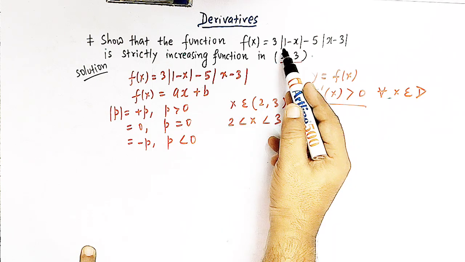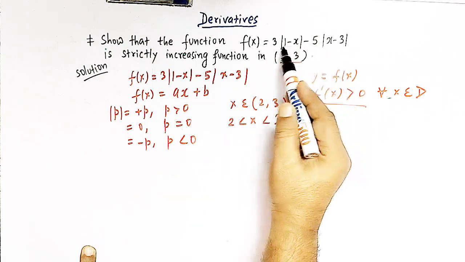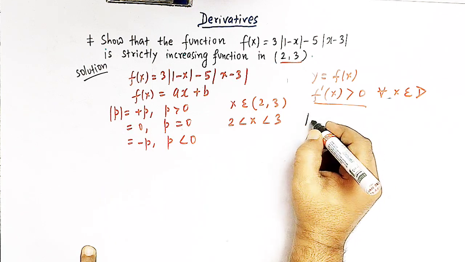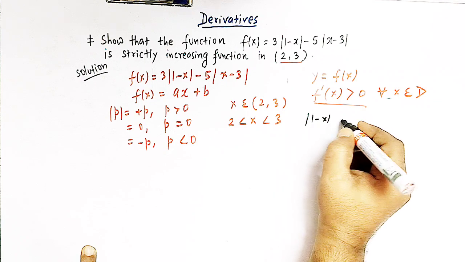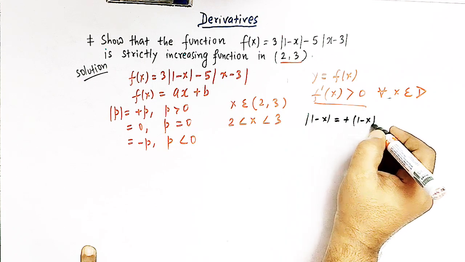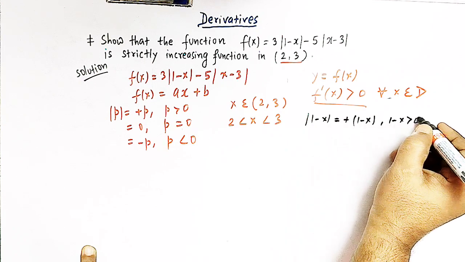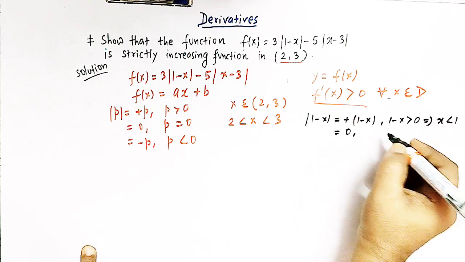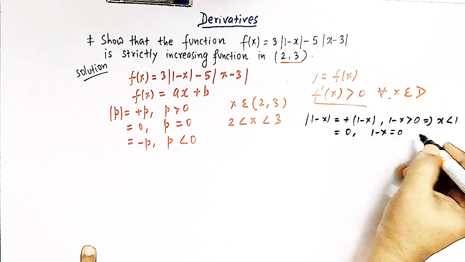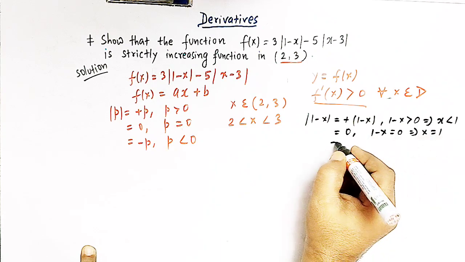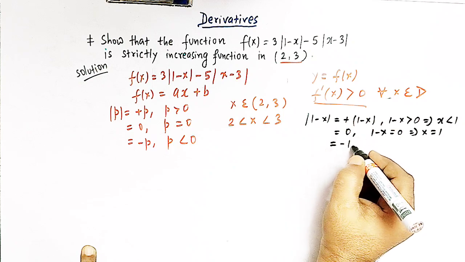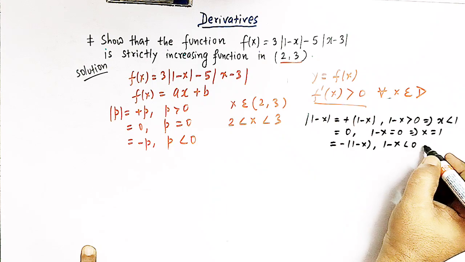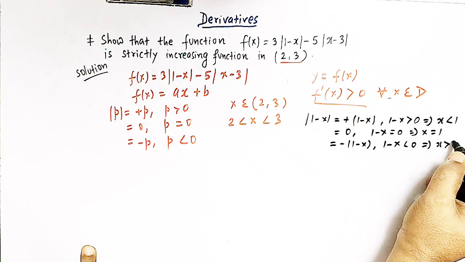Now let us first express these mod functions using this definition. We have mod of 1 minus x equal to positive 1 minus x whenever 1 minus x is greater than 0, or x is less than 1. This is 0 when 1 minus x is equal to 0, that is x is equal to 1. And mod of 1 minus x is negative of 1 minus x when 1 minus x is less than 0, that is x is greater than 1.